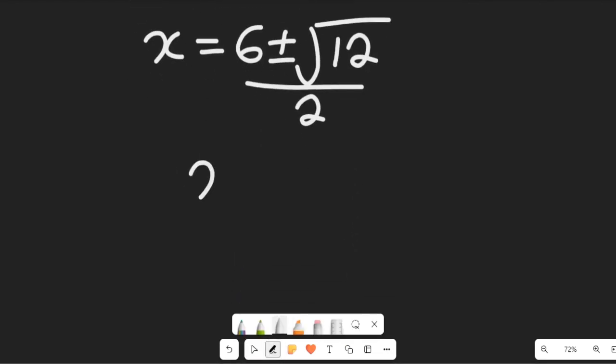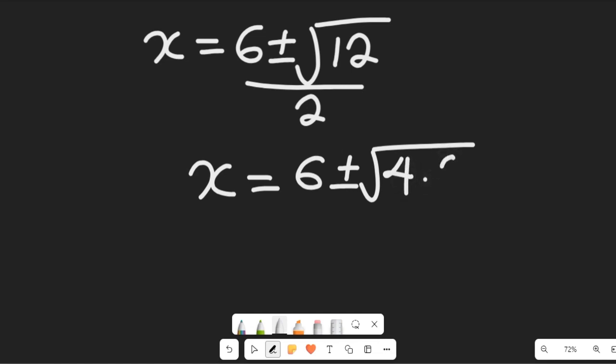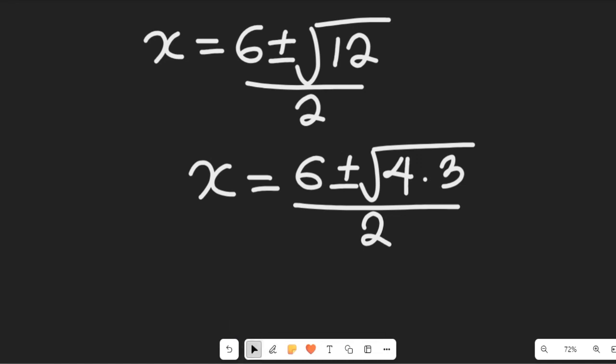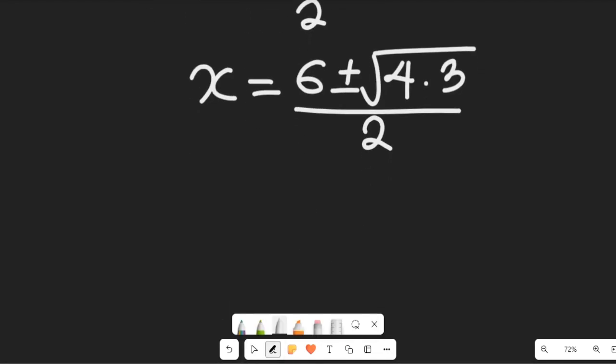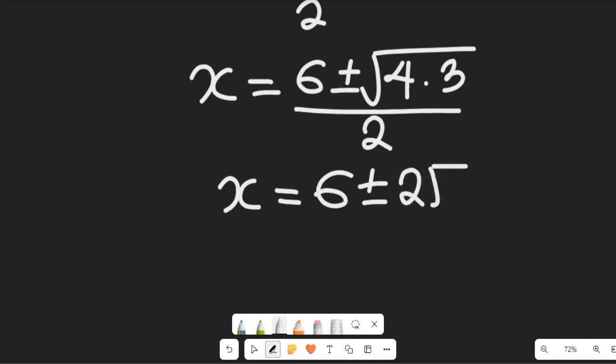We're going to have x equal to 6 plus or minus the square root of 12, which is simply 4 multiplied by 3, right? And that will be divided by 2. The square root of 4 is 2, multiplied by the square root of 3, and all these will be divided by 2.